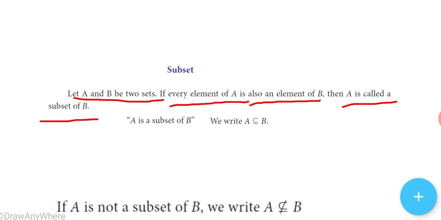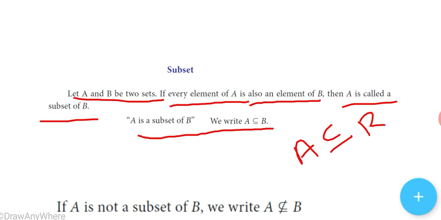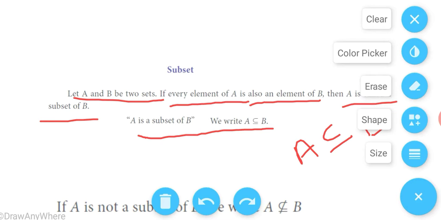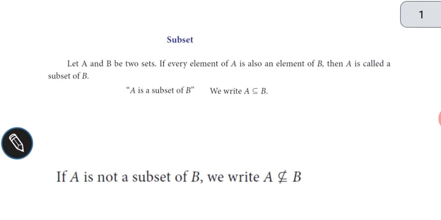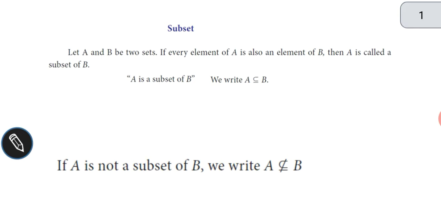So we can write the subset in this form: A subset of B. If every element of A is also an element of B, then A is called a subset of B. If A is not a subset of B, we can write it like this.